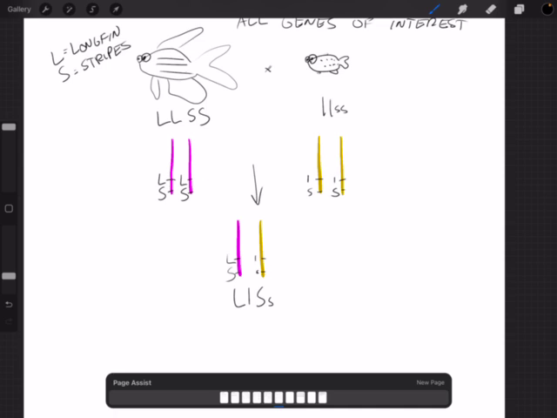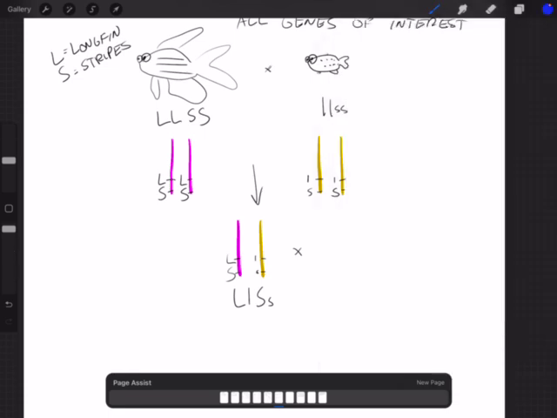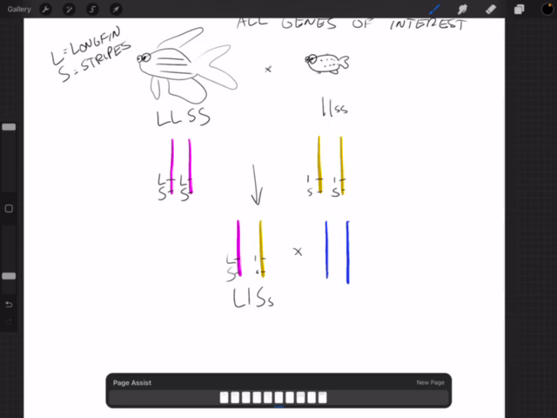They will then be crossed to the test cross that is homozygous recessive for both alleles. So they're l and s, l and s. This here is the test cross. And the beauty of the test cross is, one, when it comes time to do chi-squared tests, which we will do in a minute, it really simplifies your analysis greatly.